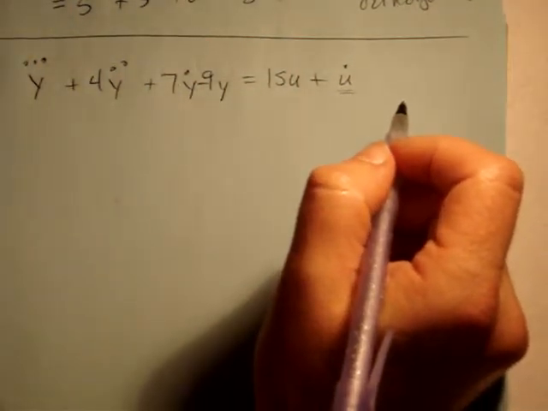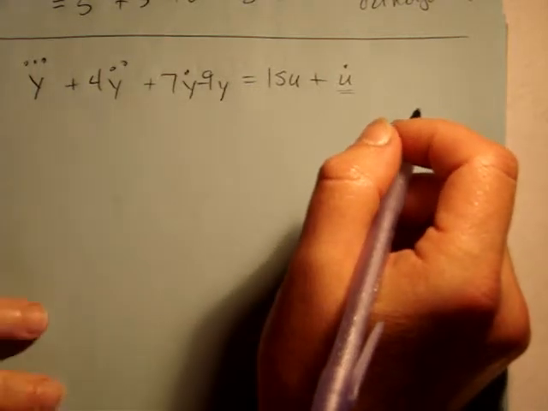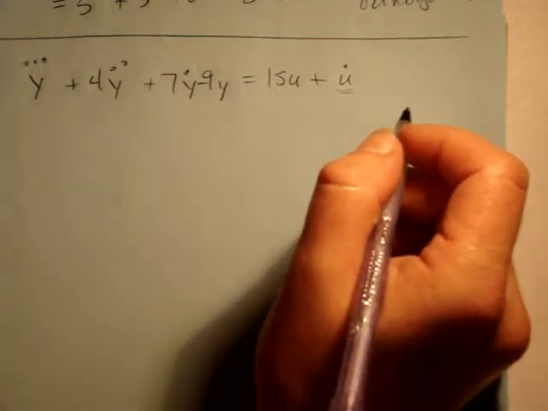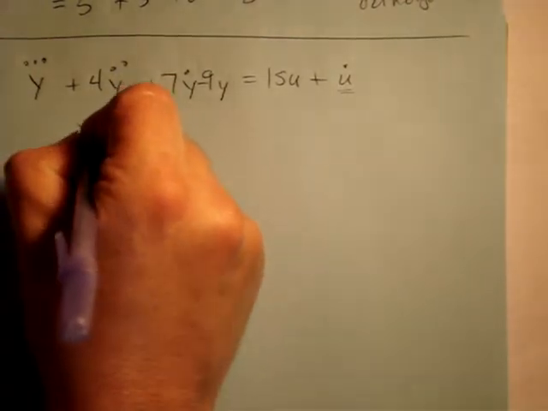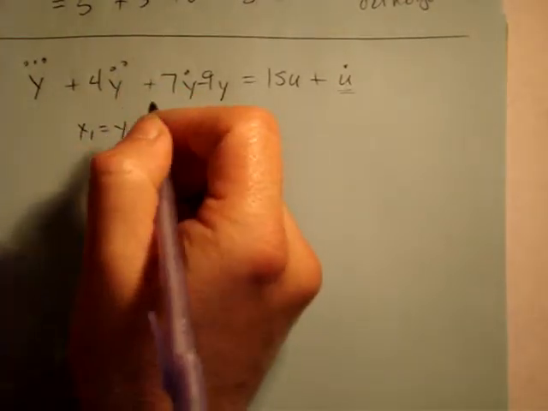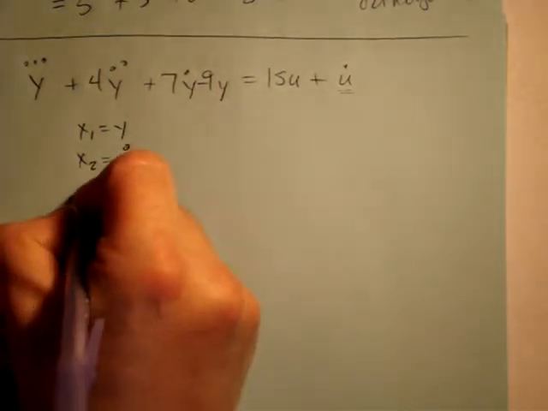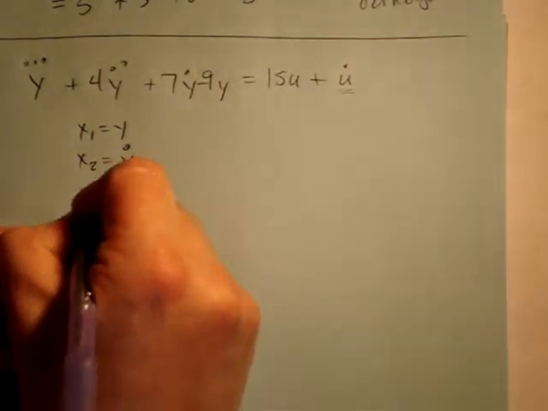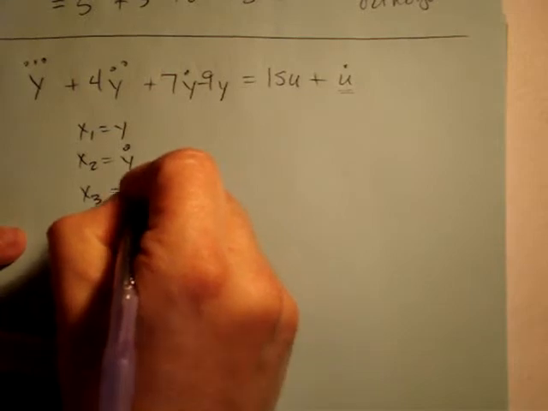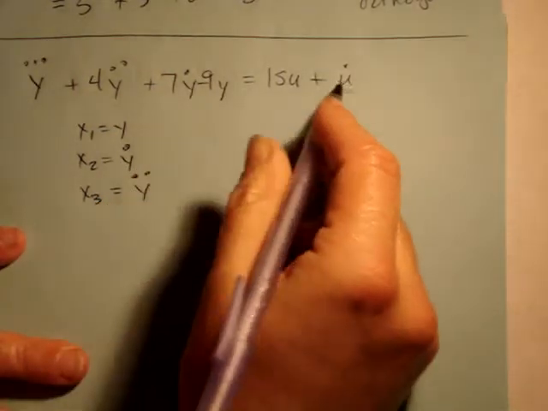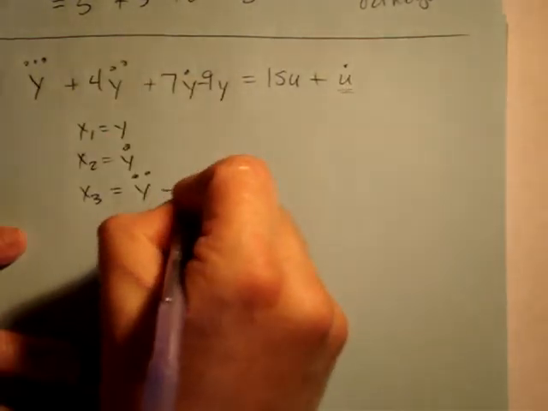I think first let's just go ahead and do it by our brute force method: define the variables and carry things out. Let's start with x1 equals y and x2 equals y dot, and then for our third state we'll have to take care of this u dot. So x3 is going to be y double dot, and if u comes over to the side it will be minus u.